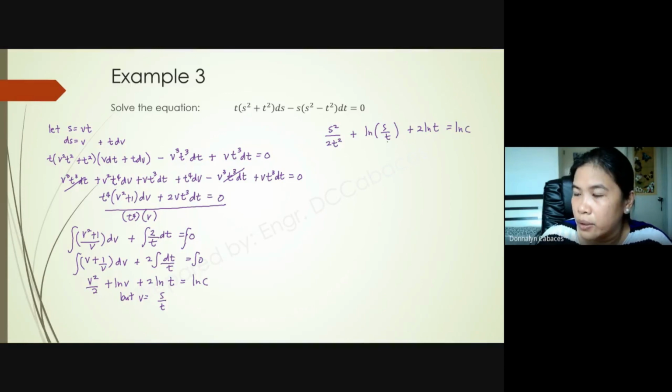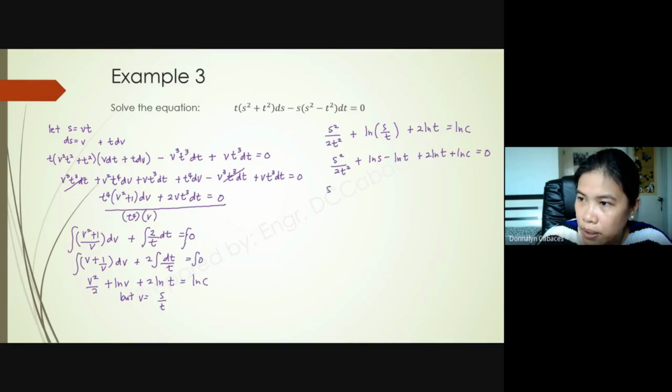So here, this is also equal to what? So s squared over 2t squared plus, this is simply the difference of ln, so this is ln of s minus ln of t plus 2 ln of t. We can put also ln of c on the left side. Negative ln of c, let me use plus ln of c, is equal to 0. So you have here negative ln t and 2 ln t.